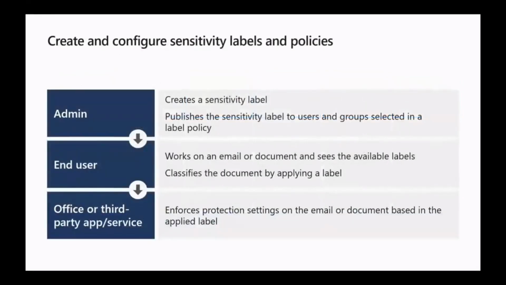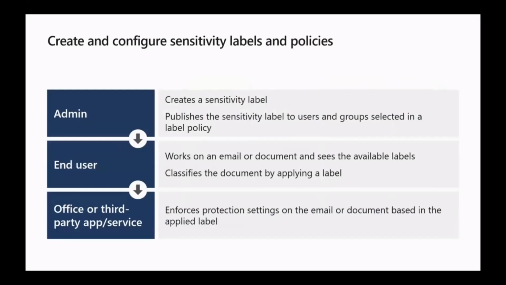So now, how can you create and configure sensitivity labels and their corresponding policies? First, an admin, or at least an account with admin rights, will create a sensitivity label, and then will publish this label to users and groups selected in a label policy.